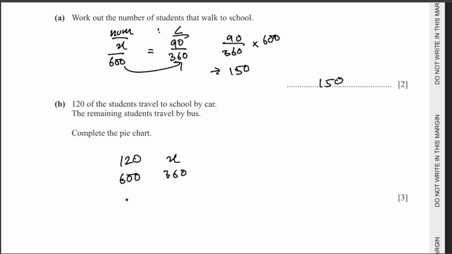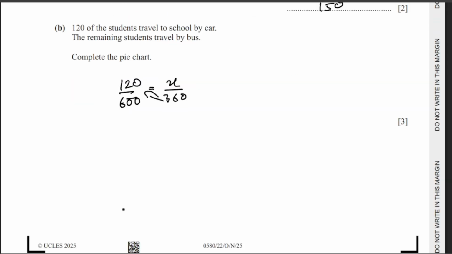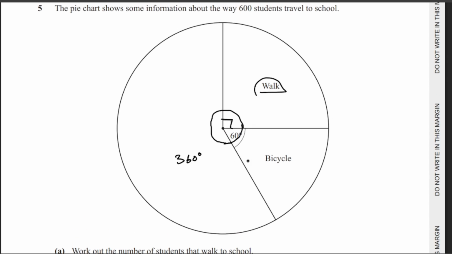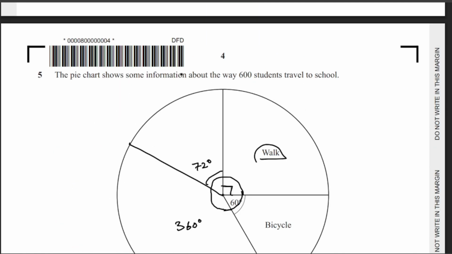So to find the angle, once again, we're going to have 120 over 600 times 360 equals x, right? This gives us 72 degrees. So in this pie chart, around 72 degrees, which would be around there, is the number of people who I believe go by car, right? Yep, by car.